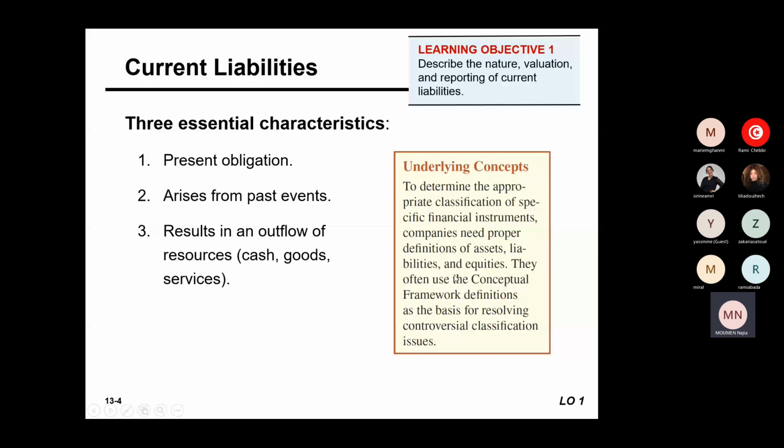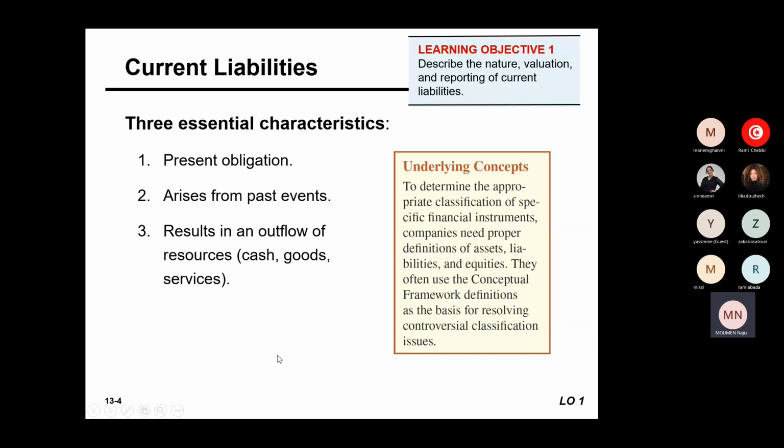So you will always use the conceptual framework definitions as a basis for resolving any controversial classification issues. You have these definitions of assets, liabilities, and equity within the conceptual framework.